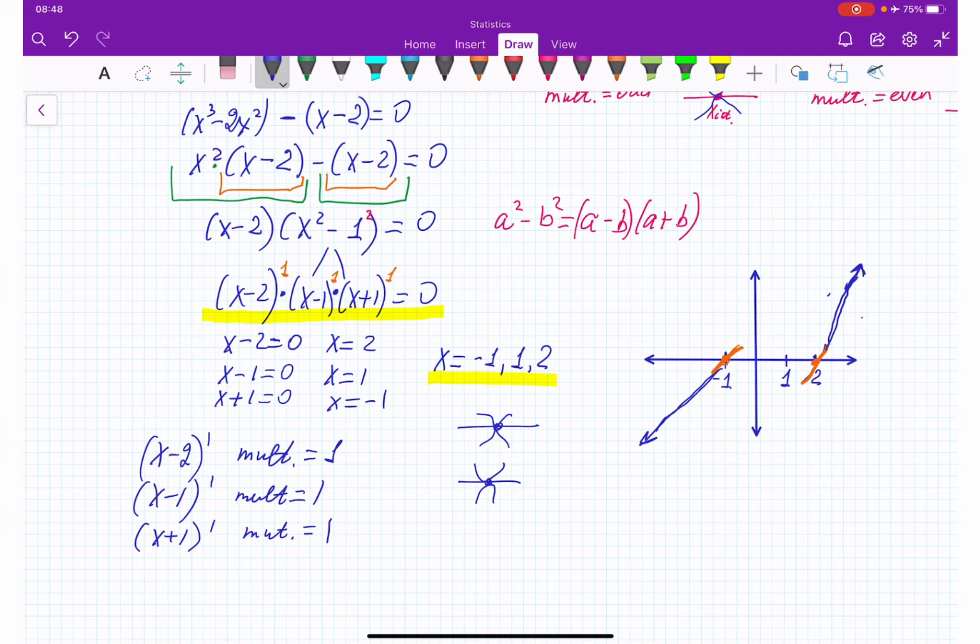All right. Now, this point at 1, which is x minus 1, equal to 1. So what do we have? Look here. This end is on the top. This end is at the bottom.